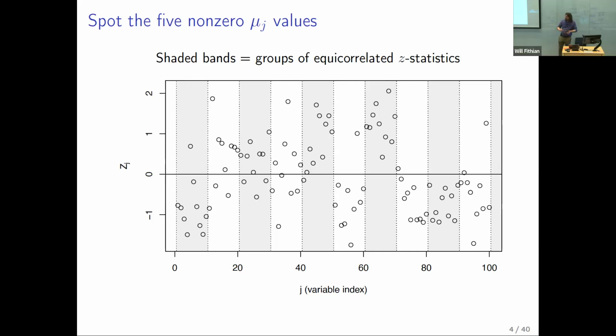So does anyone have a guess for where one of these non-nulls might be? Second block at the top. Okay, that's a good guess. What about the second block at the top makes you more confident about it than, say, the one that has a bigger z-statistic?